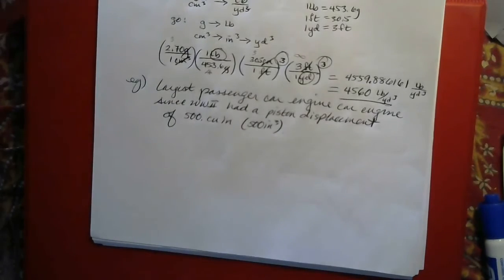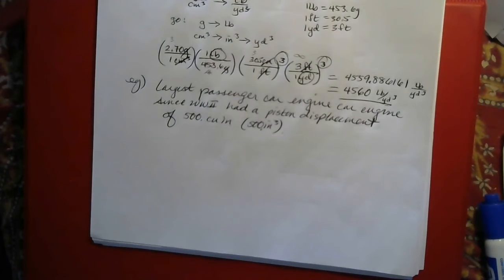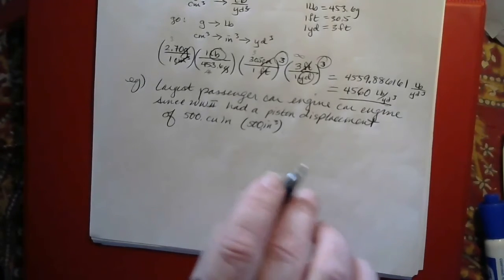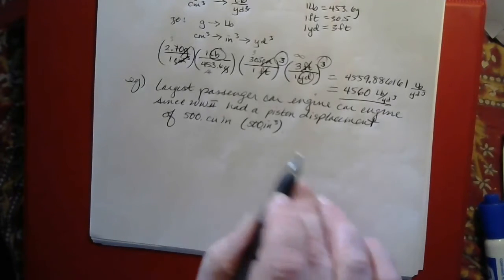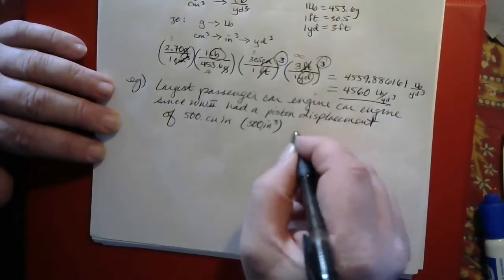Okay, and so that would be 500 cubic inches. That's a really big engine. There were ones even bigger than that before World War II, but let's keep it within reason here. 500 cubic inches.